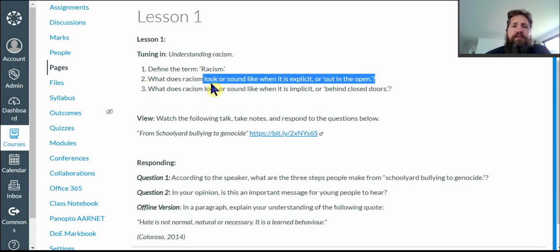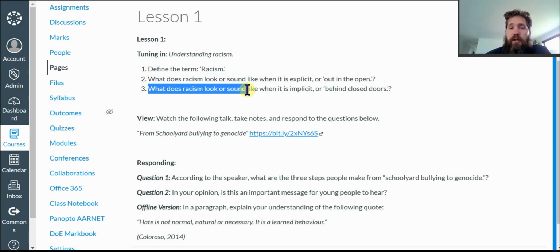What does racism look like or sound like when it is implicit or behind closed doors? What I mean by that is explicit racism. We might hear strongly negative words or labels being applied to different people through ignorance or hatred.